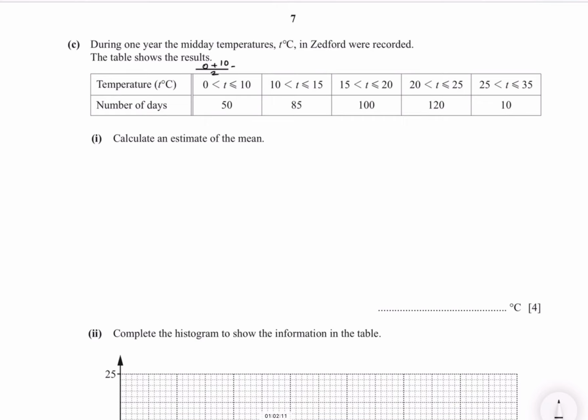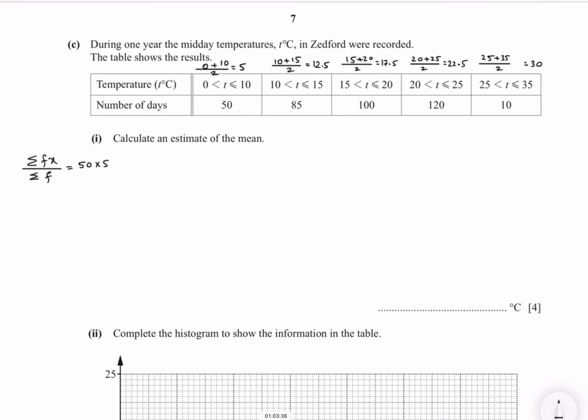During 1 year, the midday temperature T degrees Celsius in Z4 was recorded. The table shows the result. Calculate an estimate of the mean. So calculate the midpoint of all the given classes. So 0 plus 10 divided by 2 equals 5. 10 plus 15 divided by 2 equals 12.5, and so on.